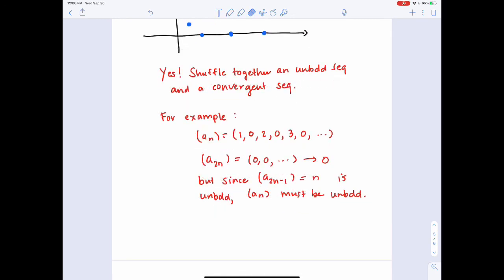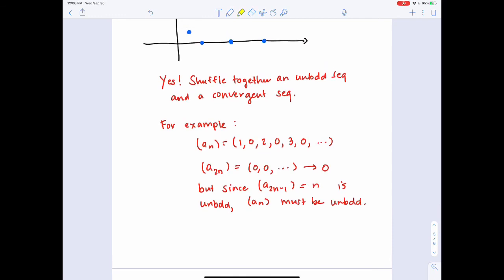And one last thing I want to highlight from this example is our technique for how we came up with it. We had these conditions we were looking to meet. We were looking for a convergent subsequence. We wanted our larger sequence to be unbounded. Rather than thinking of a parent sequence and then checking if it does what we want, we built the whole sequence by starting with the subsequences that had the behavior we wanted and then shuffling them together.